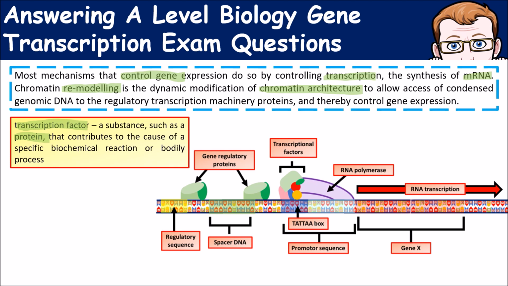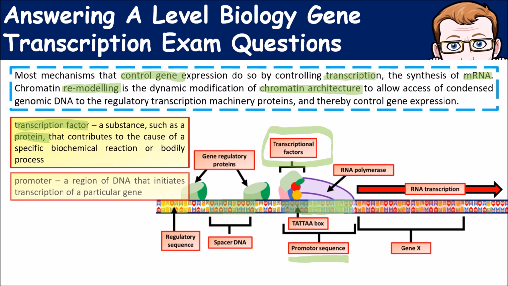We can see here a transcription factor binding to a specific point on the promoter region, and we'll look at promoter regions in a minute. That will help promote the transcription of the genes further down the DNA.